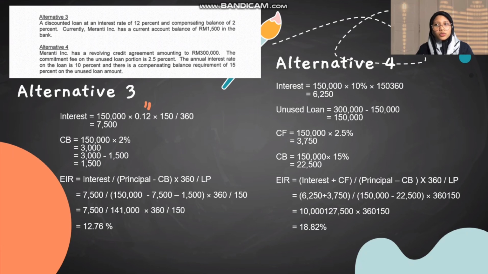And for alternative 4, the interest, I got 6,250, and the unsecured loan, I do the revolving credit agreement of 300,000 minus the principal, and I got 150,000 ringgit.